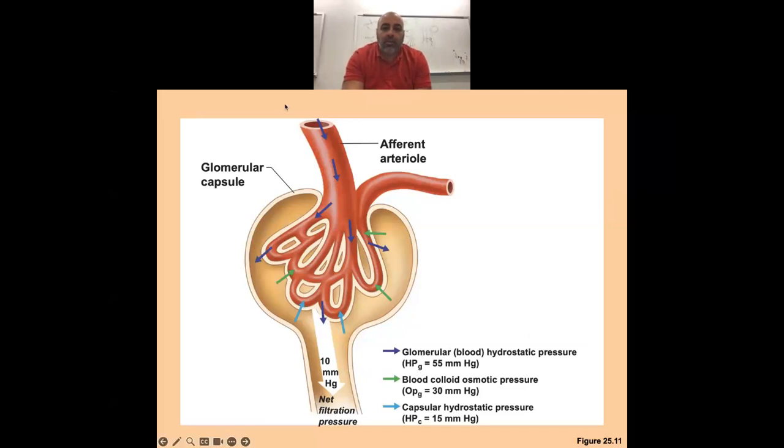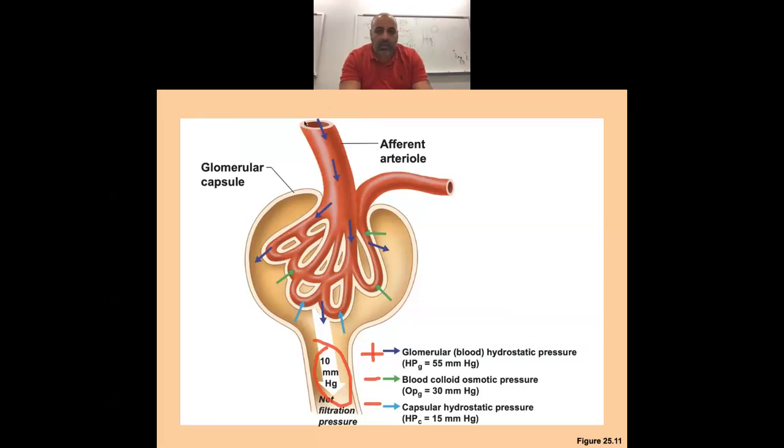When I'm calculating these, just so I don't lose my mind, I put a positive next to anything going out of the glomerulus. If it is stopping it from going out or pulling it back in, it gets a negative. So now I'm taking 55 minus 30 minus 15, and what I get is my net filtration value.